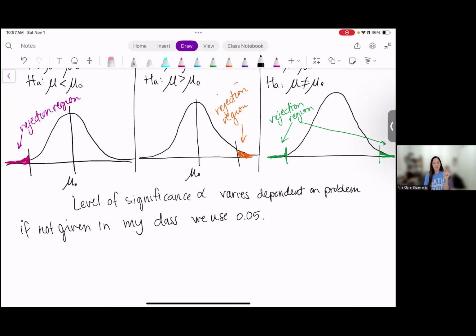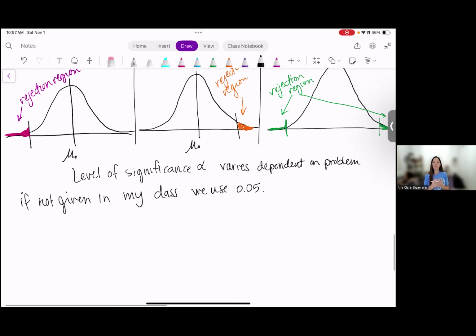But if the probability of obtaining the sample data that we did is very small, then our assumption is probably wrong and we have evidence for our claim. So what we do is we compare our p-value to our alpha level, and we use that to help us.